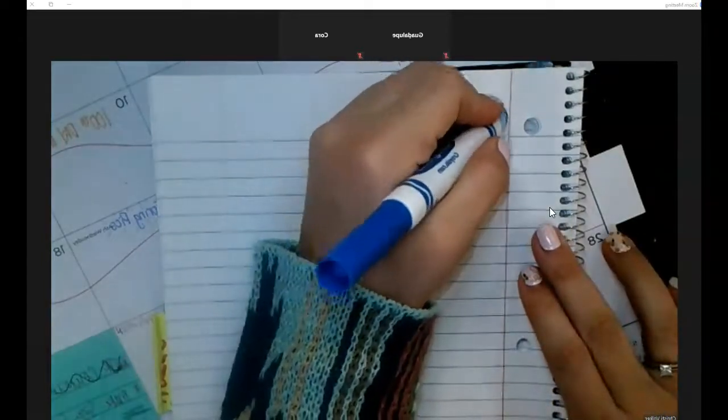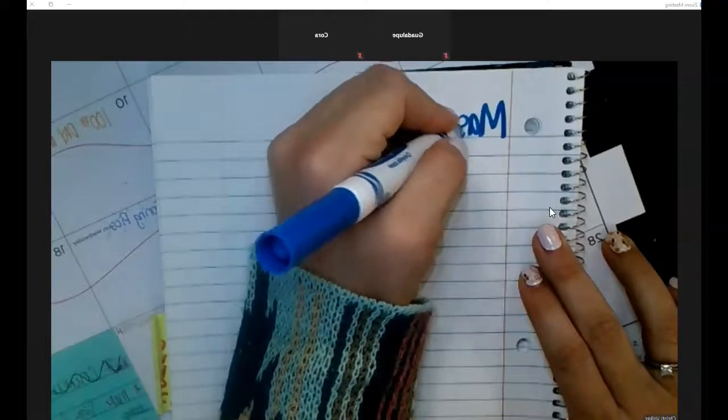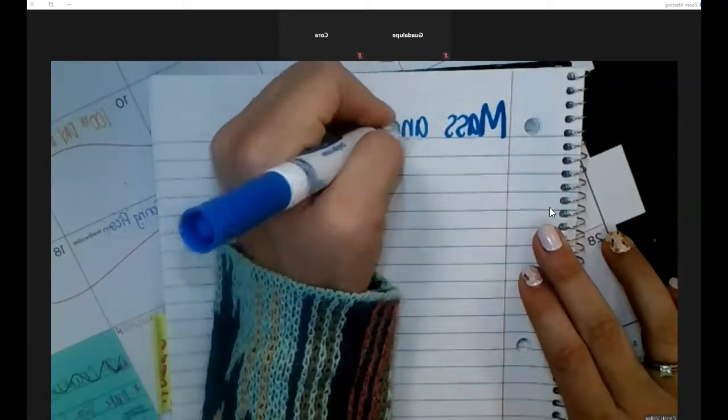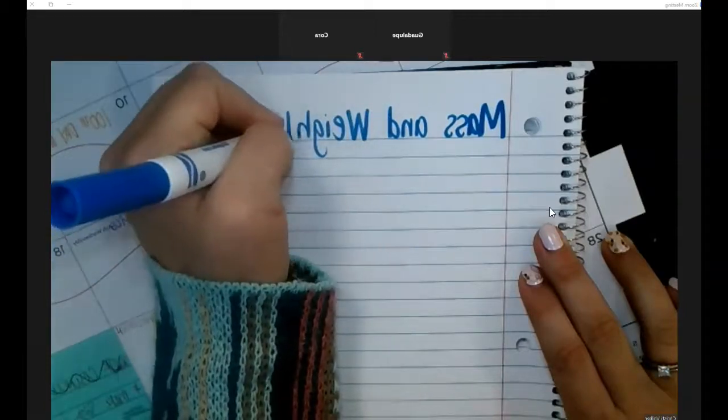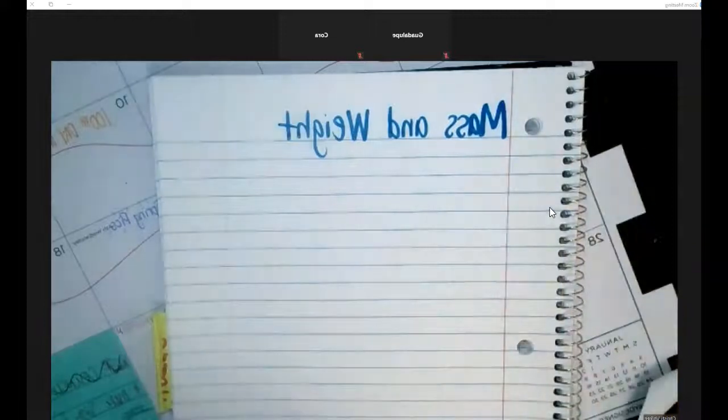So once you get to a clean page, mass and weight. We got that?